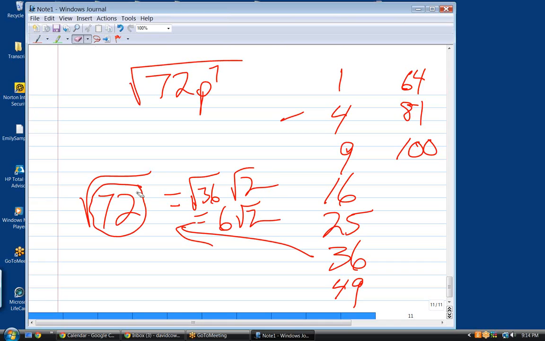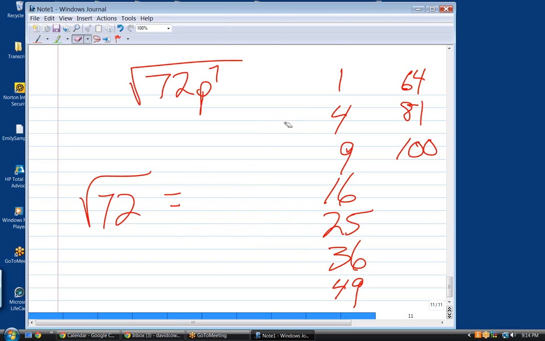Now, let's go back and assume that we didn't know 36 was a perfect square number, but 4 is. I can turn this thing into 4 times 18.